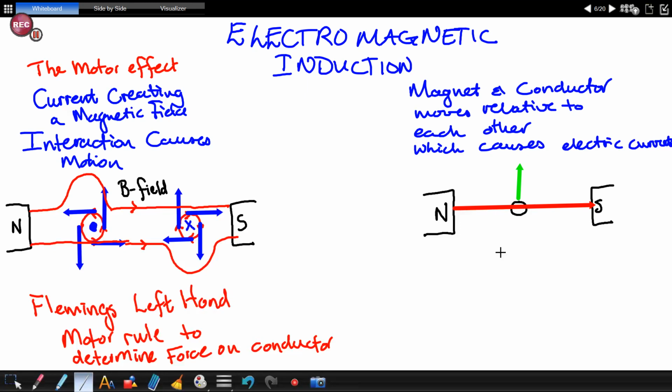So the index finger must point north-south. The thumb must point in the direction of motion. In which direction will the current flow through the conductor? Away from you. If you move the conductor down, then the current is going to flow towards you.